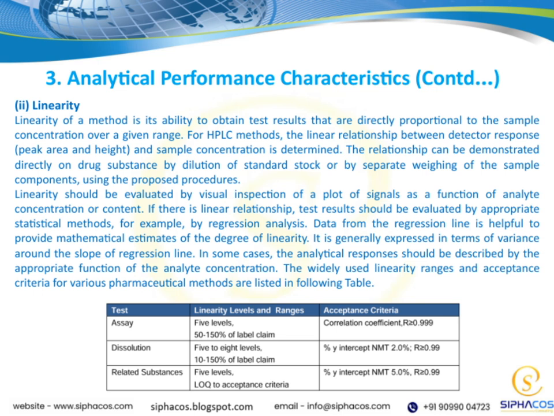In some cases, the response might need to be described by a specific mathematical function of the analyte concentration. And of course, different pharmaceutical methods have established linearity ranges and acceptance criteria, which are summarized in the following table. Overall, ensuring linearity helps us confirm that our method can reliably quantify samples across the desired concentration range, which is fundamental for accurate and consistent results.